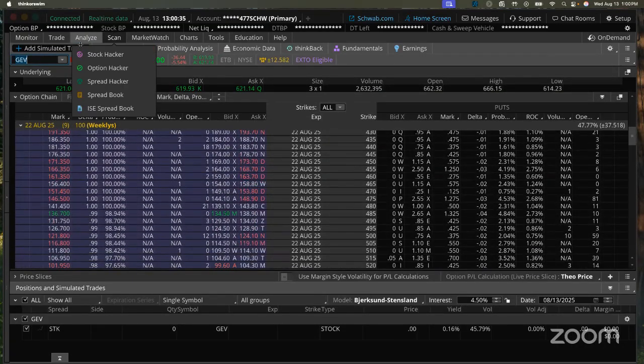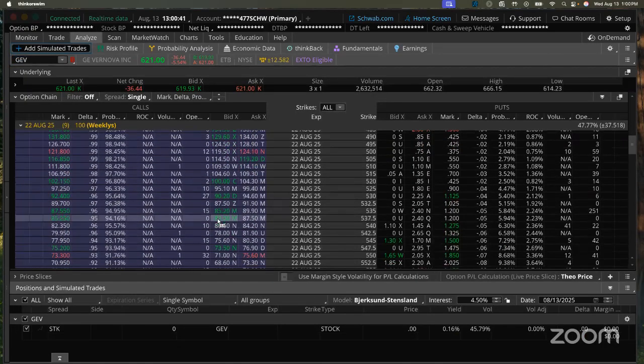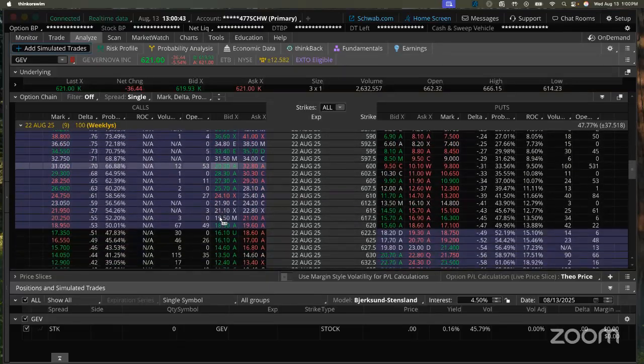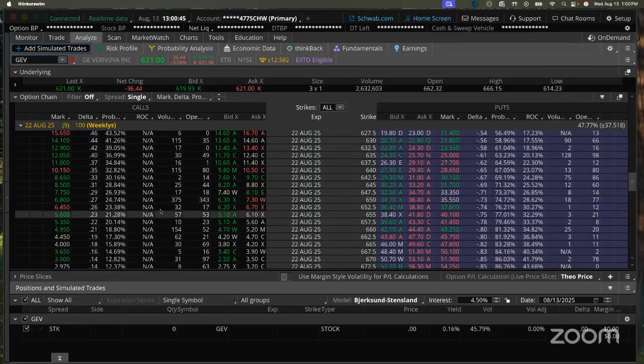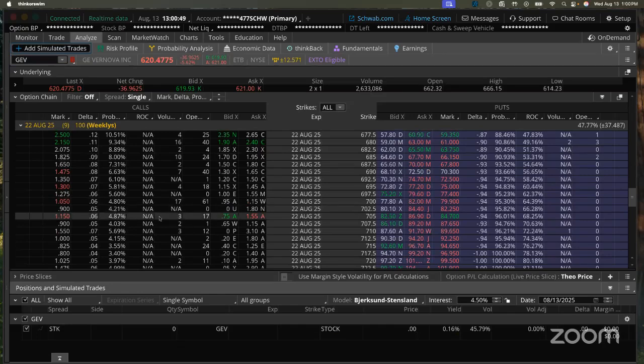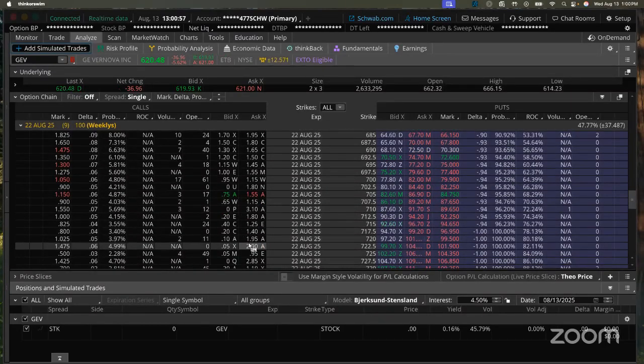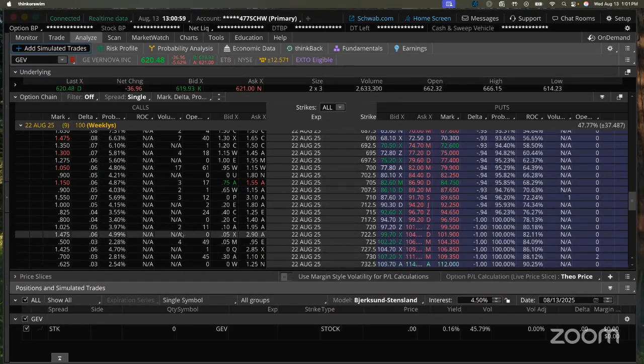Wow, so this scan is not working. I'm probably not setting this up totally correct, but again, we're getting wide bid-ask spreads here at 722. In fact, we're not getting any bid-ask spreads. We're getting no volume.